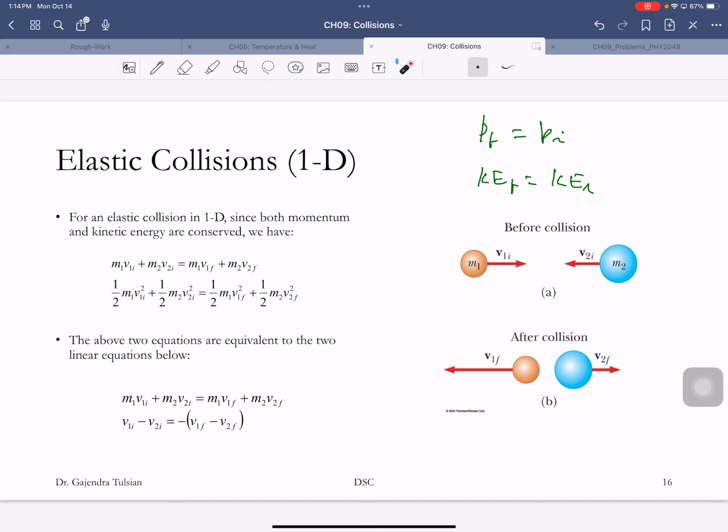Okay, so if it's an elastic 1D collision, here's the momentum conservation, and this reduces to, see, this is relative velocity. This is V1 initial minus V2 initial equal to V1 final minus V2 final with a negative sign.